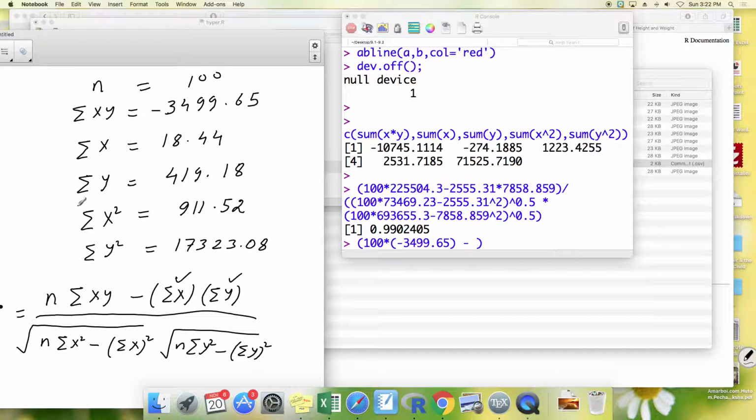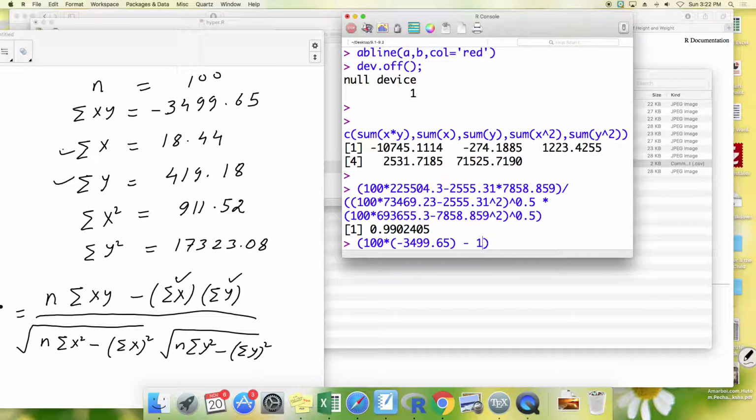So that means this times this. So minus 18.44 times summation y is 419.18. So the numerator is done.